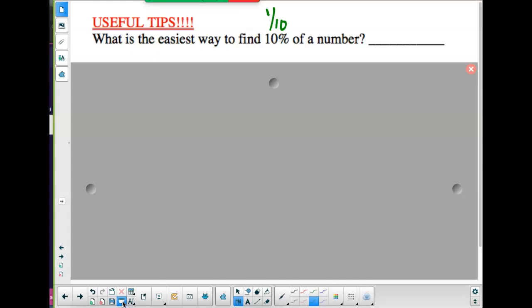Okay, so I want you to write this down. The quickest, easiest way to divide by 10 is to move your decimal one place left. I'll show you some examples. So, an easy way to divide by 10 is just to move your decimal.